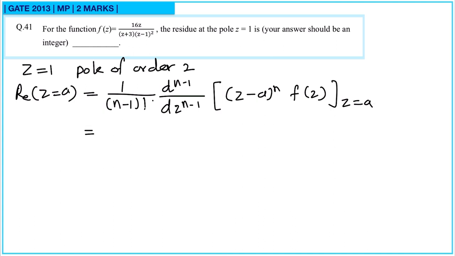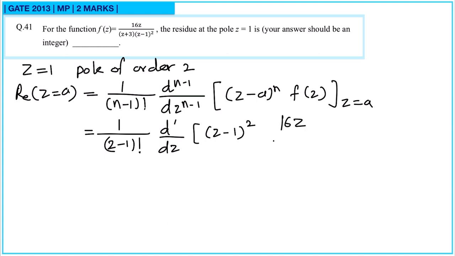So here n is equal to 2, so this will be 1 upon 2 minus 1 factorial, then 2 minus 1 is 1, so d by dz of z minus 1 square into 16z upon z plus 3 into z minus 1 square, at z is equal to 1. So 2 minus 1 is 1 factorial, so this will be 1 factorial only.